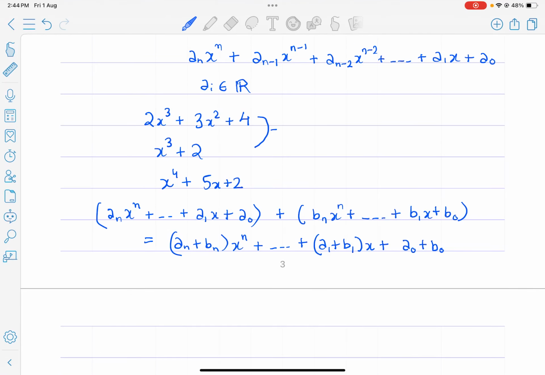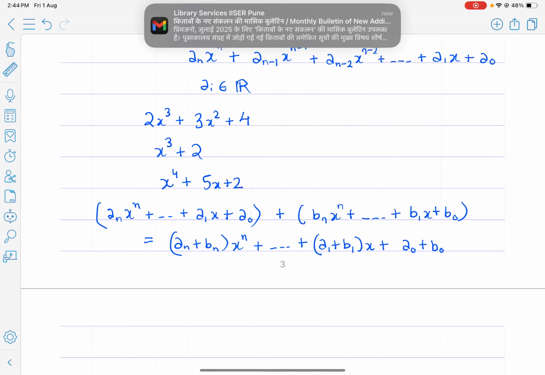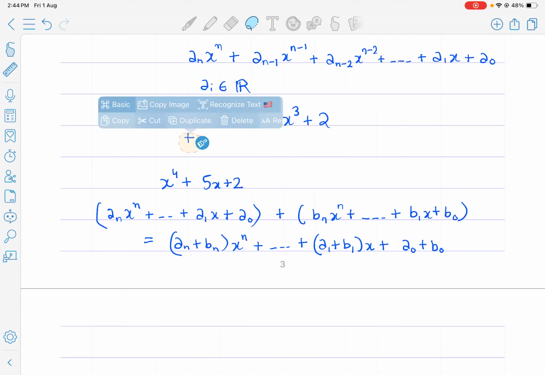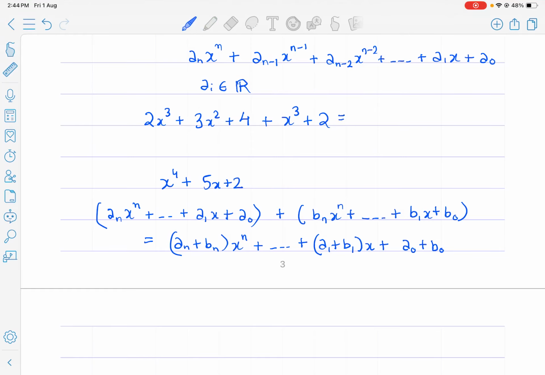Let's see how that works. Let's say I add this one and this one. How is the addition going to work? You add these, so x cubed gives 3x cubed in total, x squared is only 3x squared, and for x we have no x, so that will be 0x, and then 4 plus 2 is 6.